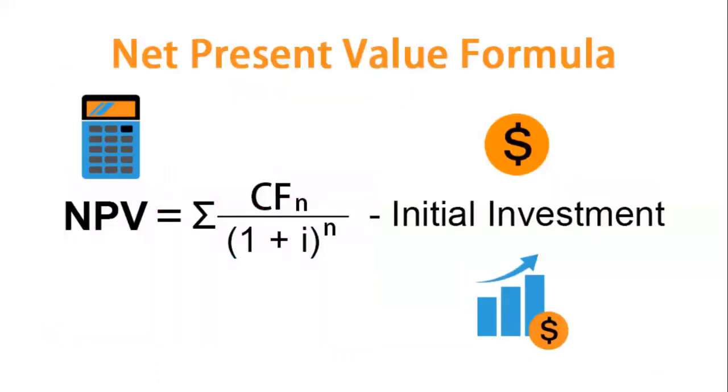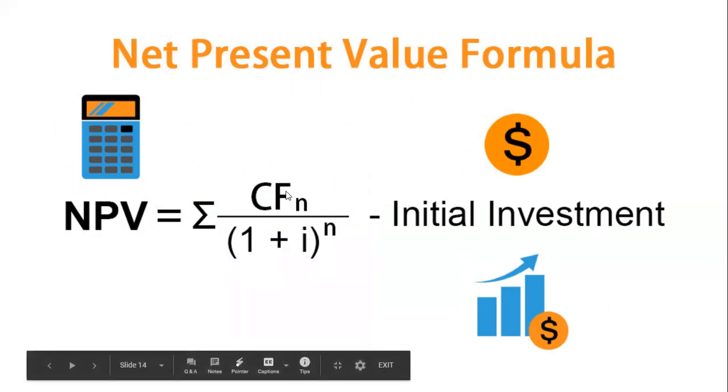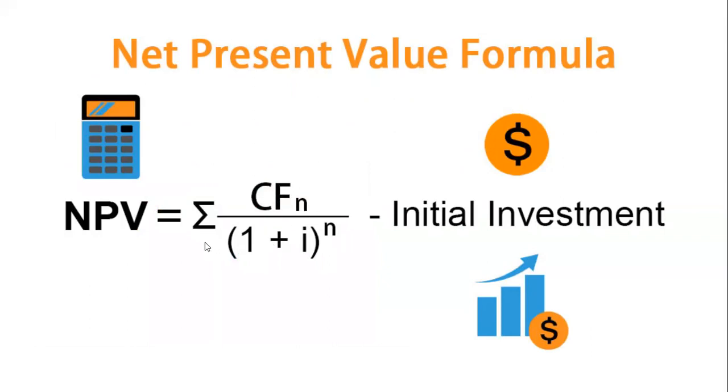Now, if you want to express this concept algebraically, it would be the summation of CFn, where n is the number of years, upon 1 plus R or 1 plus I raised to n. Okay, so either you can use the term I for interest rate, or D for discount rate, or R for discount rate, whatever term you use.